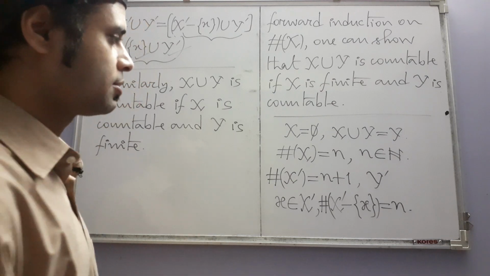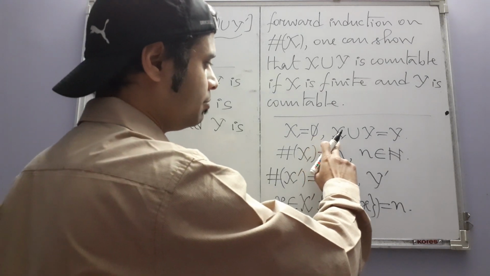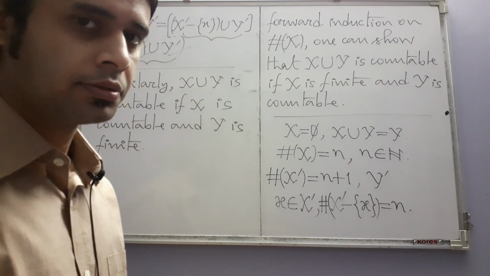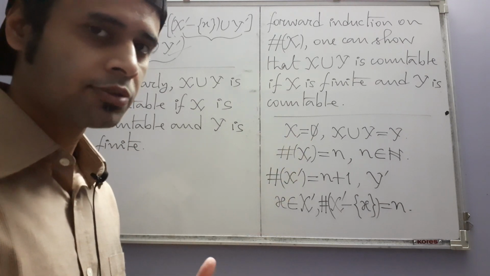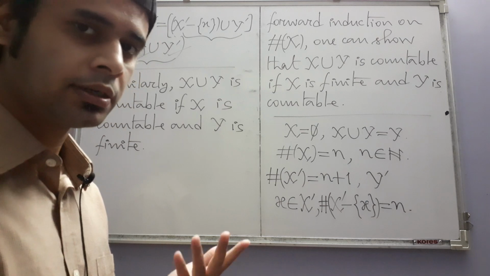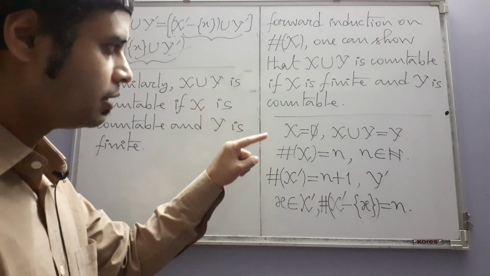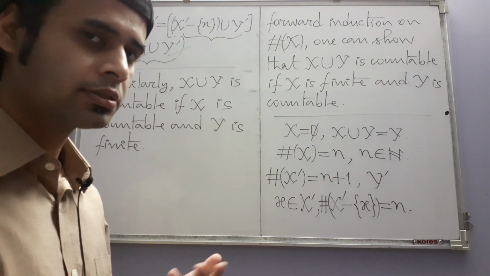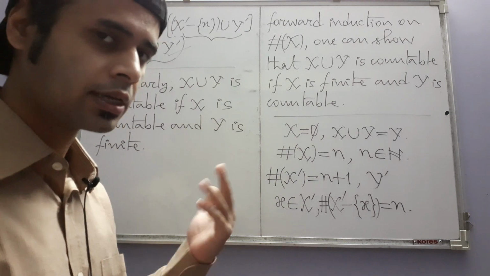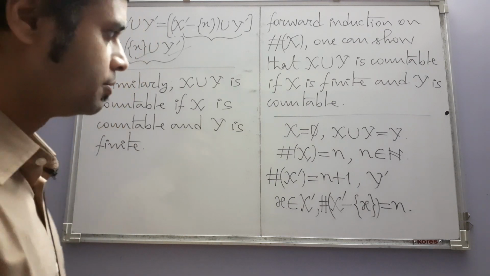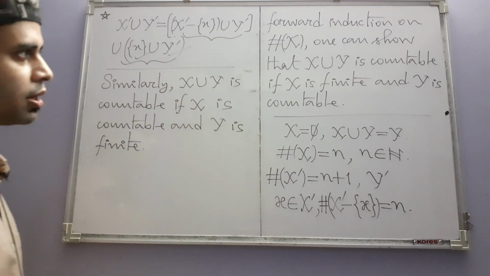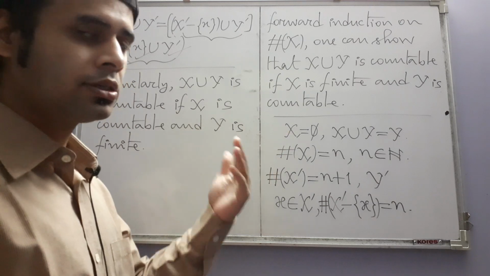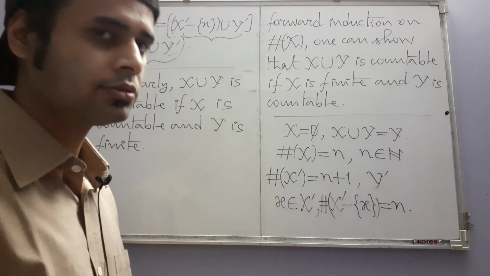What are the cases? Namely, when X and Y are both finite, in that case their union is finite and hence by definition at most countable. Then the other case where X and Y are both countable, then X union Y is countable and hence again by definition at most countable. And in these two cases where one of them is finite and the other is countable, the union also turns out to be countable and hence at most countable.